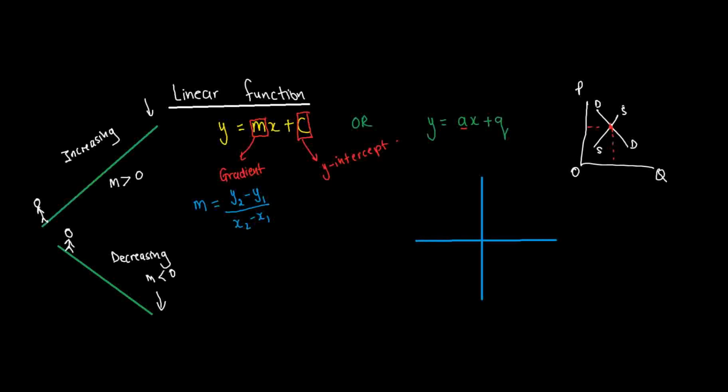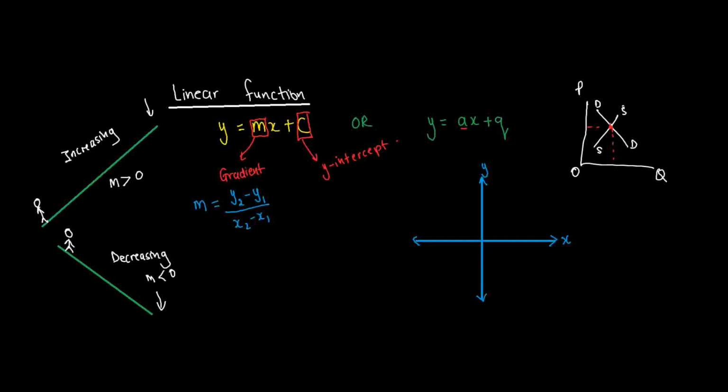But for now, let me just quickly draw a sketch. That looks quite nice, right? Okay, so let's say we have two axes. We have our x-axis, which is our horizontal axis, and we have our vertical axis. This is what I'm talking about by the Cartesian plane.